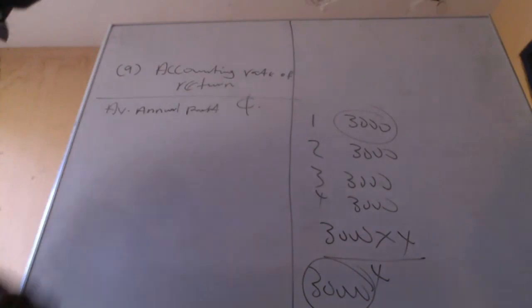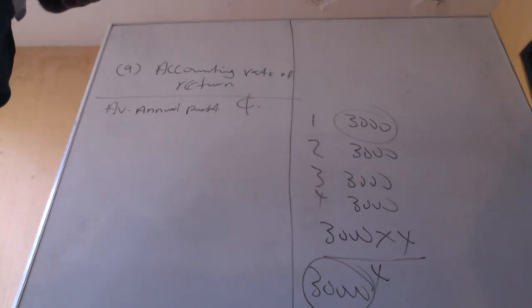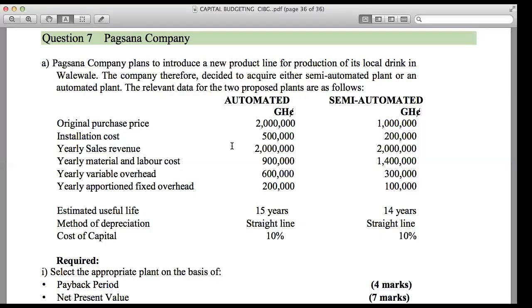So you are going to the question, you are calculating for profit. We will start from sales revenue. Per the question, yearly sales revenue is 2,000. So we have to do it for the two products.